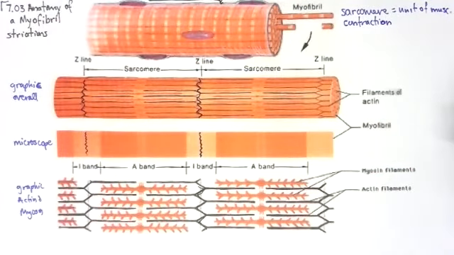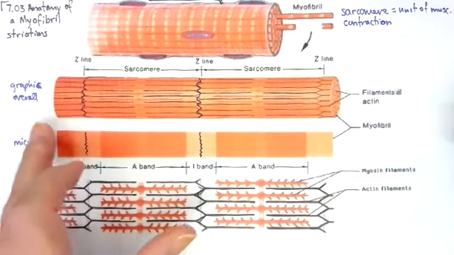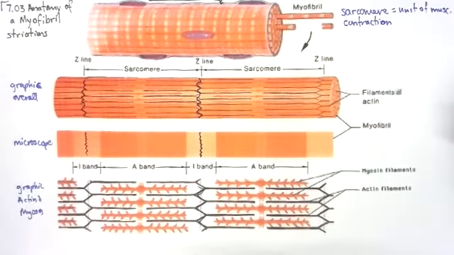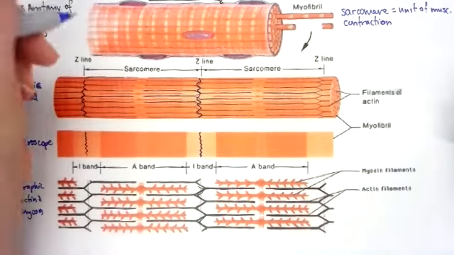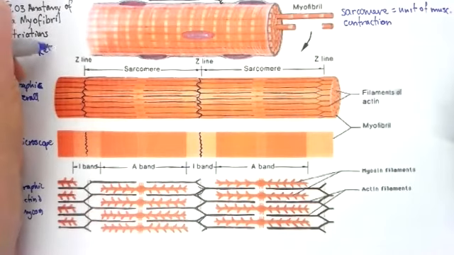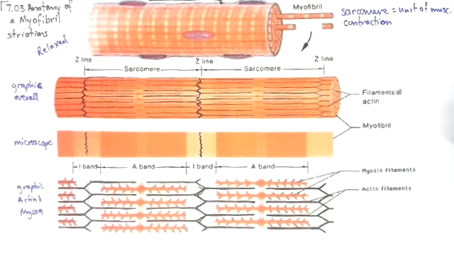So one skeletal muscle cell can have 50 to 2,000 myofibrils. And when a myofibril contracts, each of the single sarcomeres shortens. So let's also say these are all relaxed. So we're looking at a relaxed sarcomere, relaxed muscle fiber, and we'll look at the difference between relaxed and contracted in a bit.